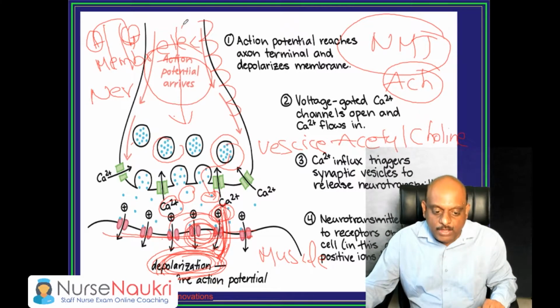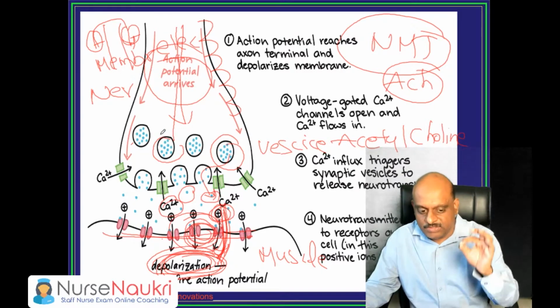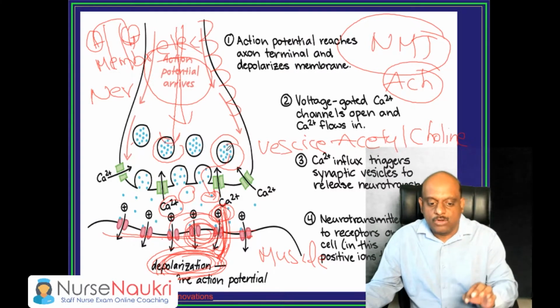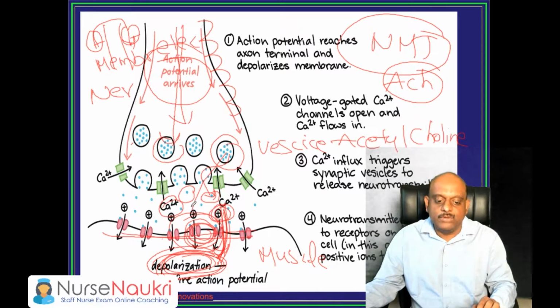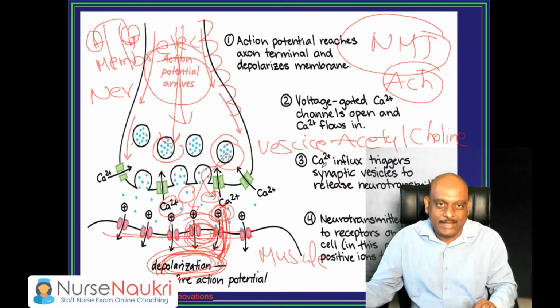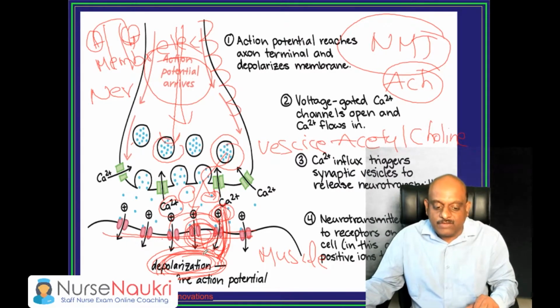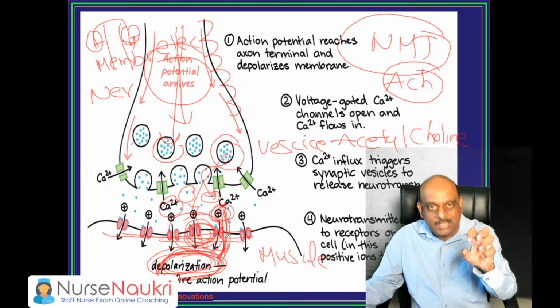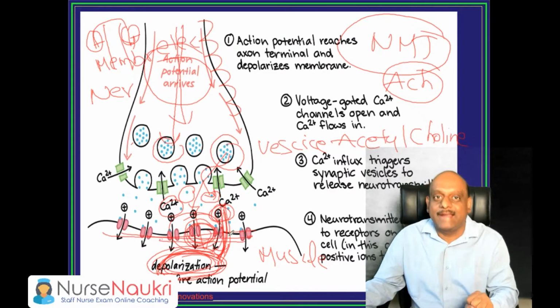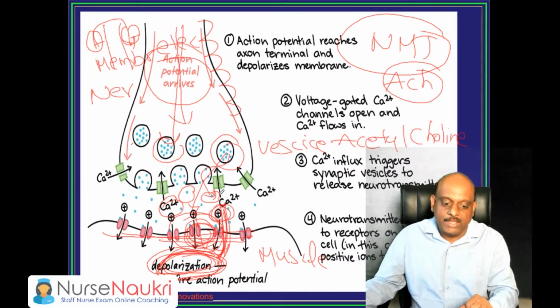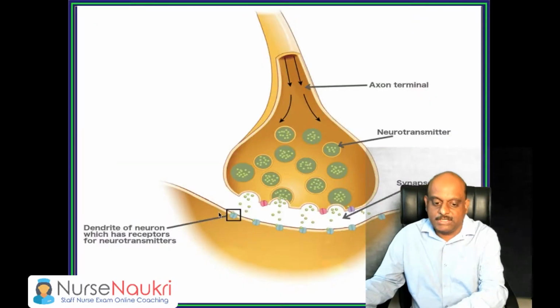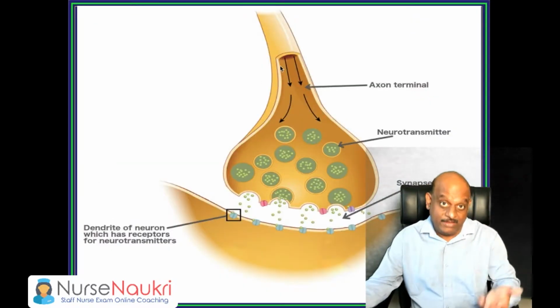That is how a nerve brings the electrical signal, causes the release of the neurotransmitter, which is acetylcholine. That leads to the movement of calcium across the membrane, and it will cause the depolarization of the membrane, and that makes the muscle contract. This is called the neuromuscular junction, right?